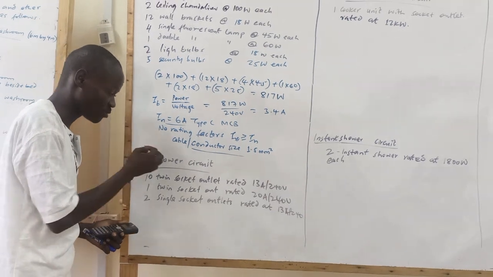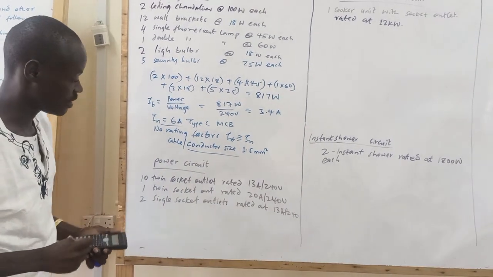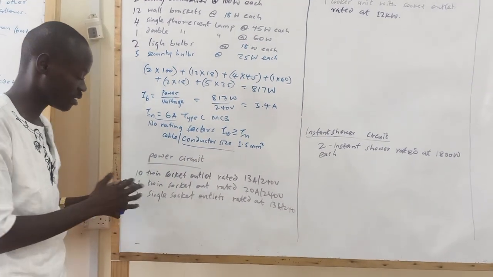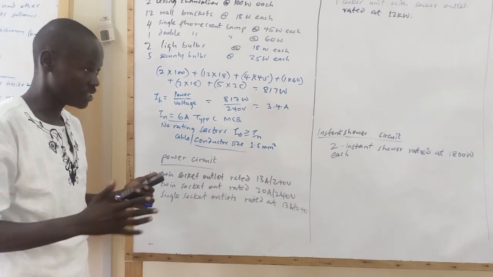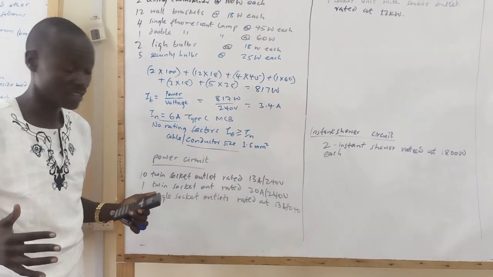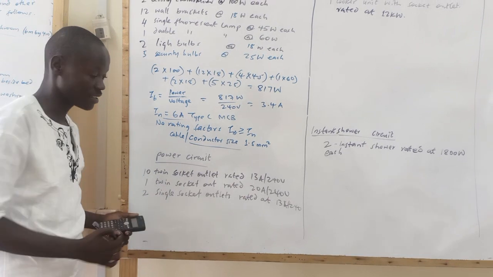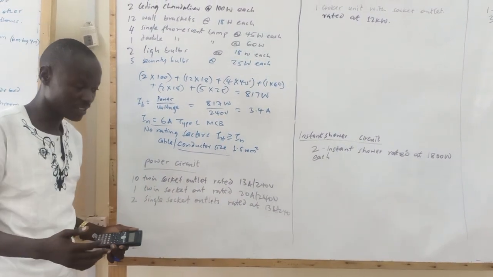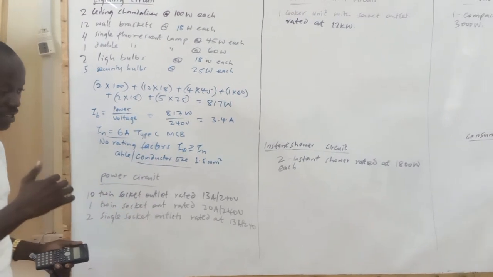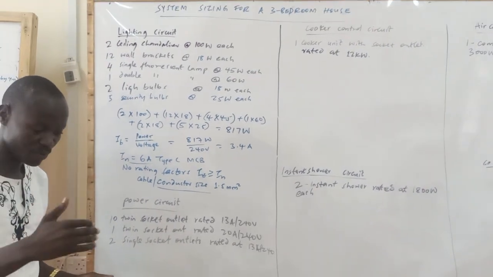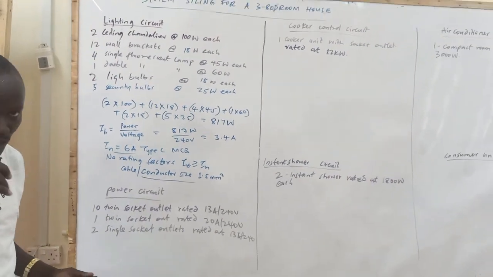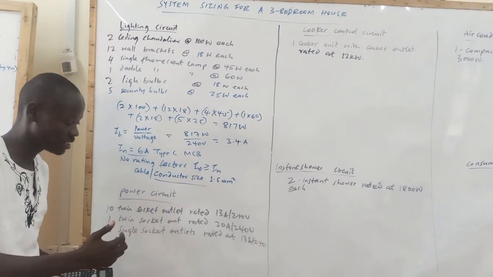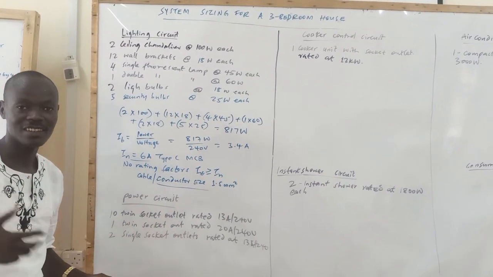If you're going to connect your sockets in a ring, and the floor area does not exceed 100 square meters, then one ring circuit is enough. But if you have to use radial, it's only one way, then you have to use up to a maximum of 50 square meters for one circuit breaker. The moment you exceed 50 square meters, you need another circuit breaker.